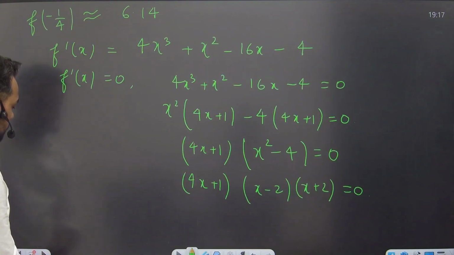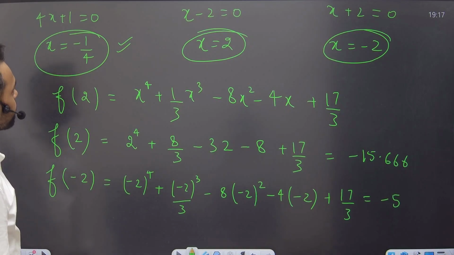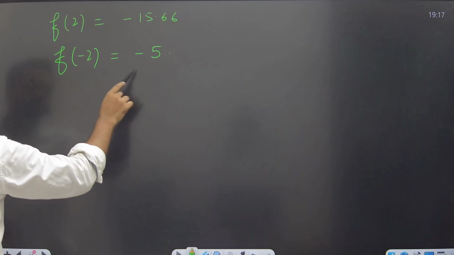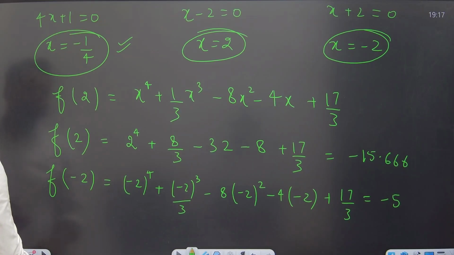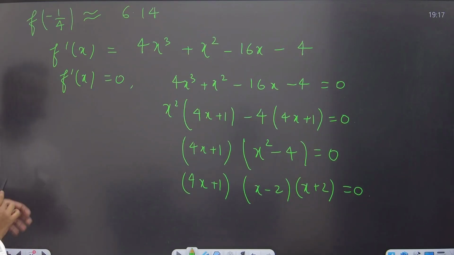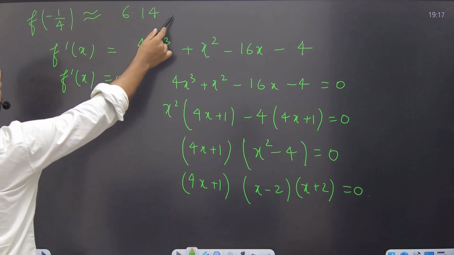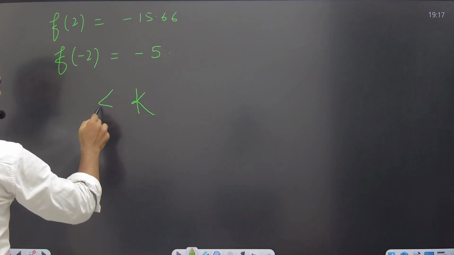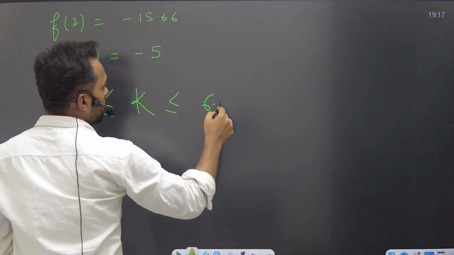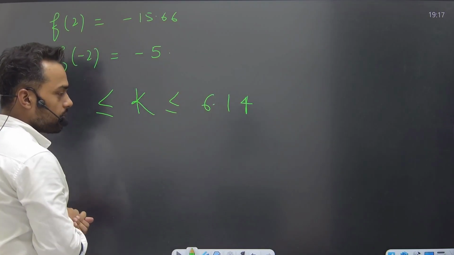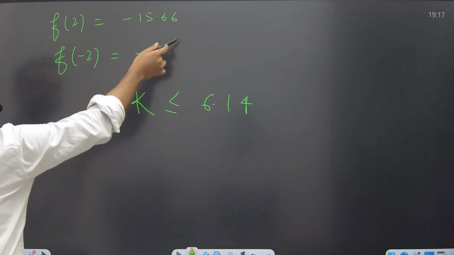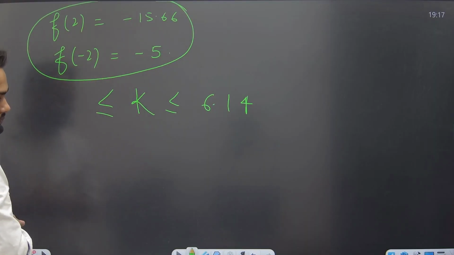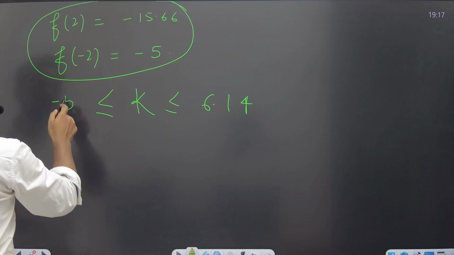So here you will see that f(2) is negative 15.66 and f(negative of 2) is negative of 5, and in the f prime x we have already calculated, that is 6.144. So k will lie in the range of 6.14, which is the point of local maximum. And here you need to take the highest maximum value, so it will be negative of 5.